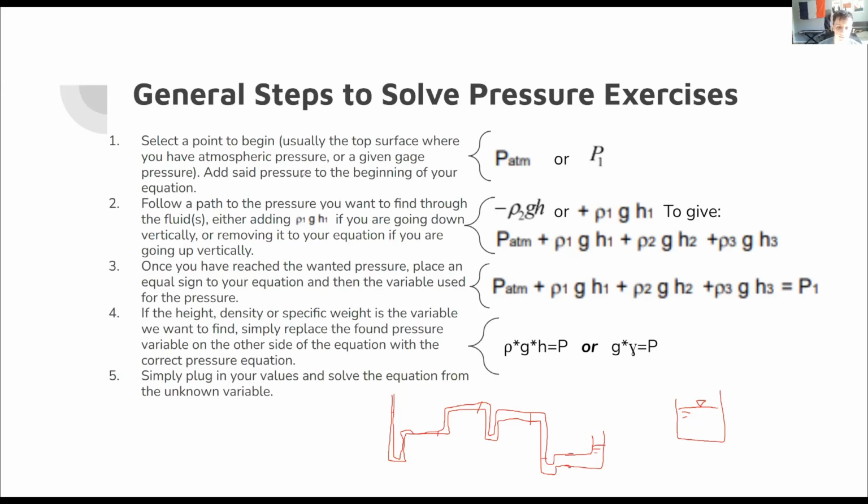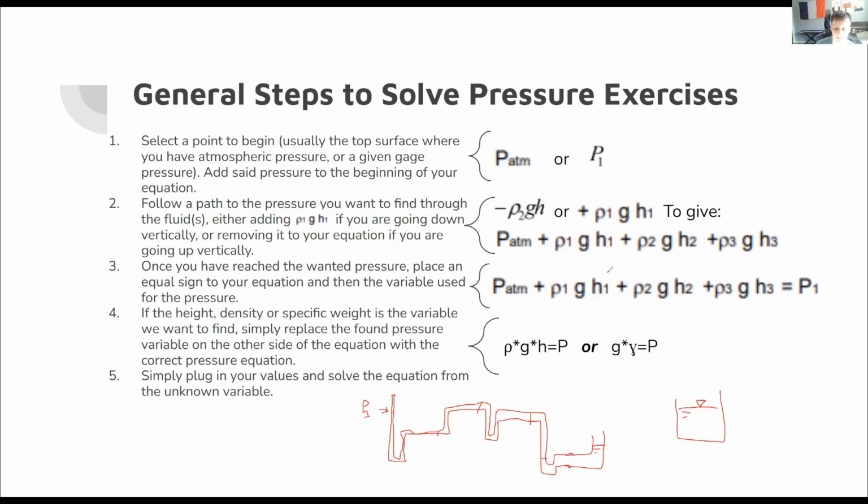Usually we select a point to start in which you know the pressure. For example, here, let's say it's contained and there's only a pressure inside, you can assume that it's given in the exercise as P1, or you can start here because you know it's atmospheric pressure, and you should know that atmospheric pressure is 101 kilopascal.